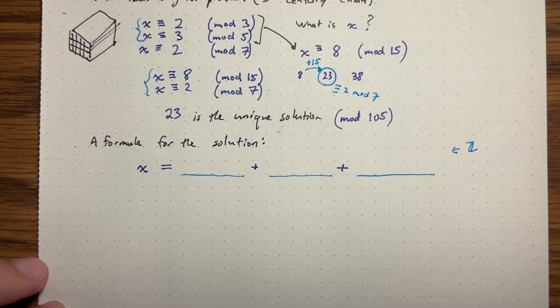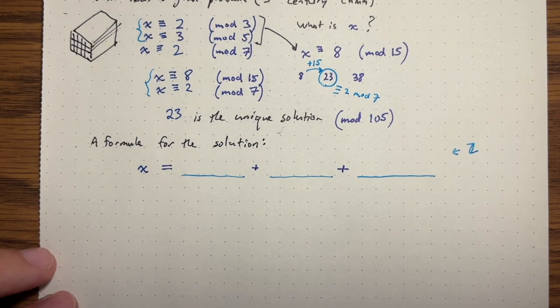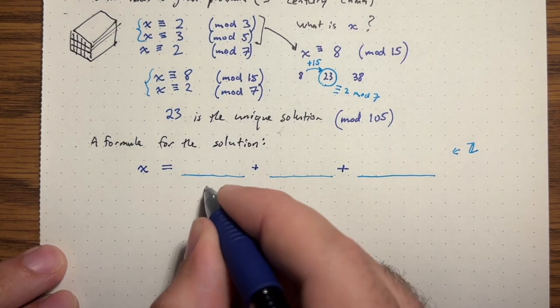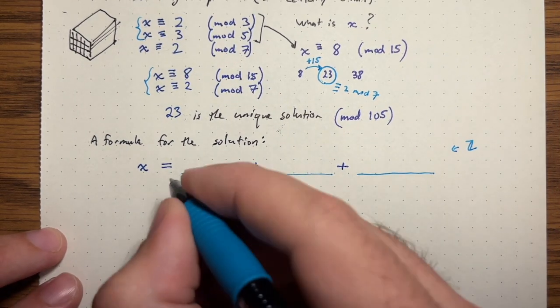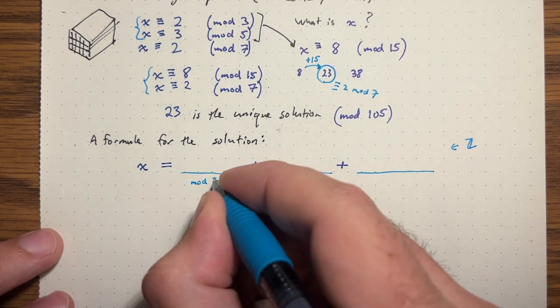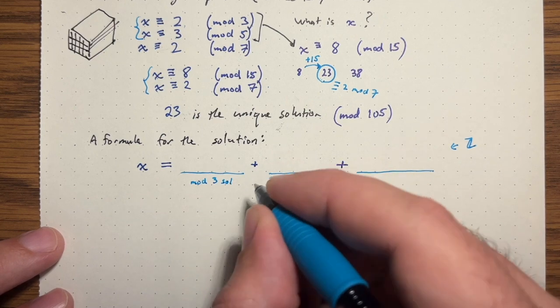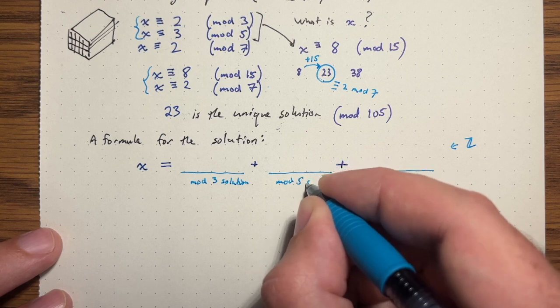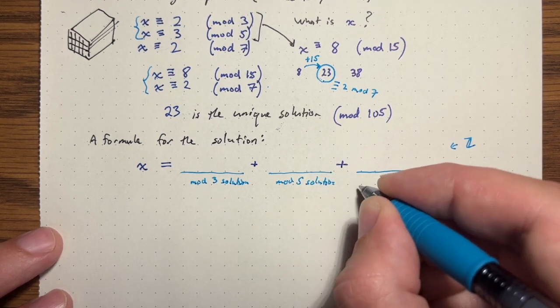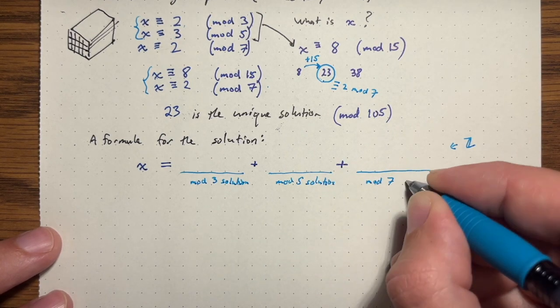Here's how I'm going to construct it. I'm going to think of this part as my mod 3 solution, this part as my mod 5 solution, and this part as my mod 7 solution.